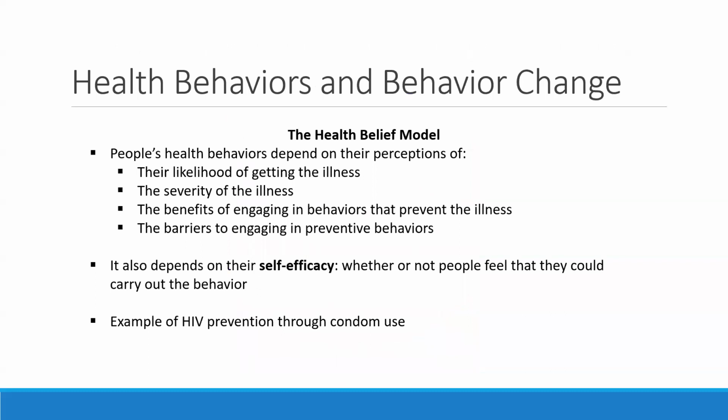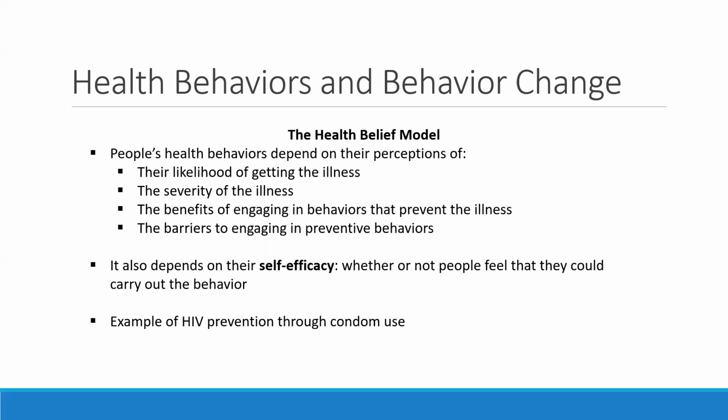So the health belief model is another one. And when I said some are based a little bit more on psychology and cognition, this is one of them. This is based in psychology and was one of the earlier ones that was adopted when health behavior theories took off. Basically, it's much more about the thinking process that a person goes through and the knowledge and skills that they have to engage in a healthy behavior.